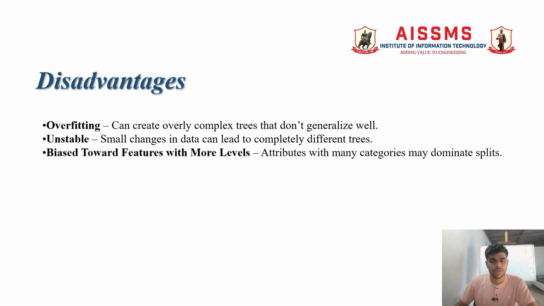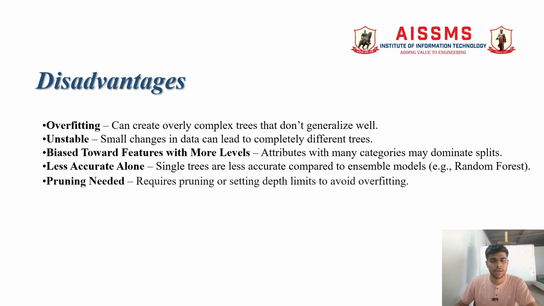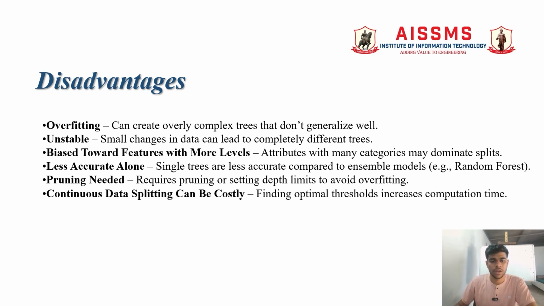Bias toward features with more levels: attributes with many categories may dominate splits. Less accurate alone: single trees are less accurate compared to ensemble models. Pruning needed: requires pruning or setting a depth limit to avoid overfitting. Continuous data split can be costly: finding the optimal threshold increases computation time.